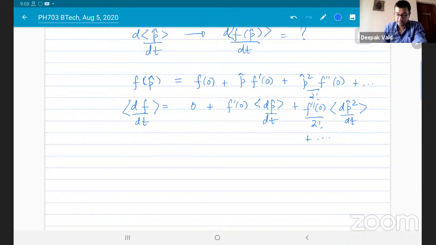So if I calculate the expectation value of p square, in general that will not be equal to the square of the expectation value of p. Similarly, the expectation value of the p operator to the n will not be equal to the expectation value of p to the power n.